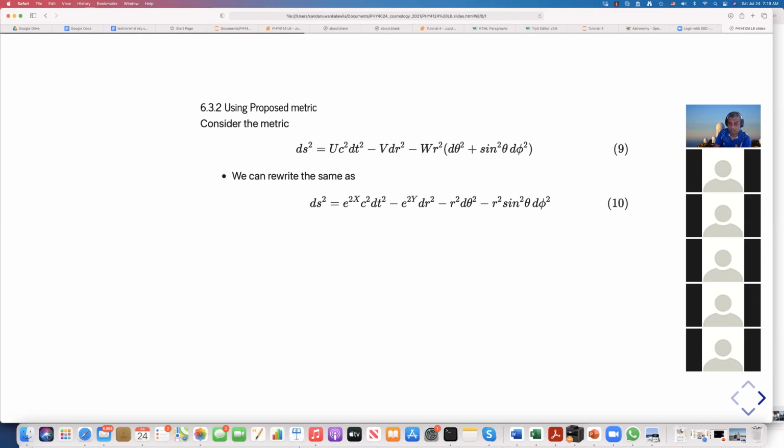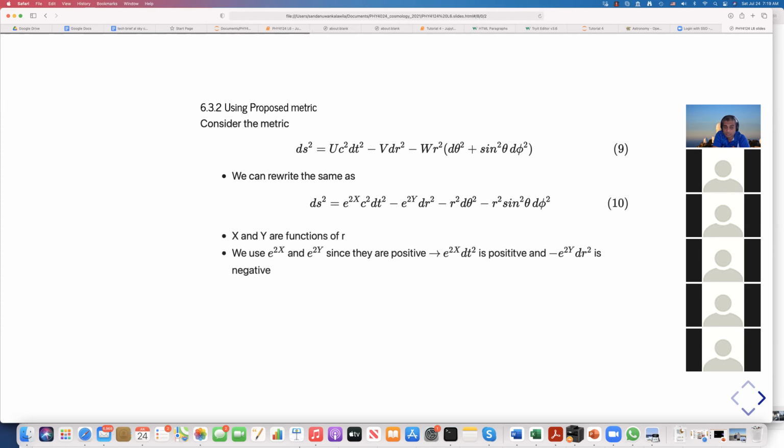I have assumed a form like this based on those assumptions. So you will have ds squared, e to the power 2x and then e to the power 2y, like that for those two components, right? For the time, what you have for u and v, and actually these should in fact be a and b, right? So we derived a and b after this when w is equal to 1.